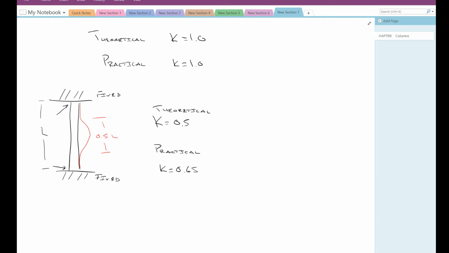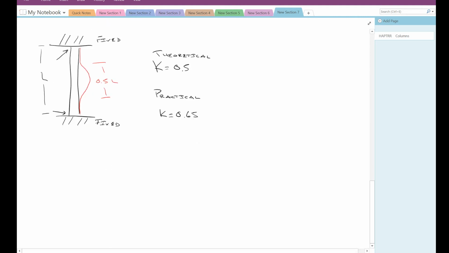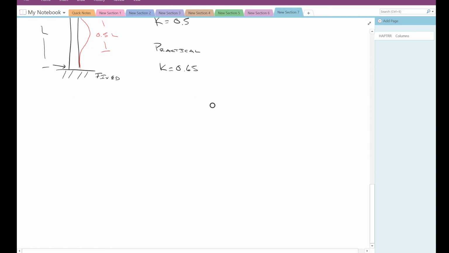So this would be something like a column supported by 2 floors in a building, or perhaps a shaft in some very tight, rigid journal bear, or not journal bearings, because those allow rotation, but some very tight fitting sleeves or bearings like that. All right. Okay. So that's another example.